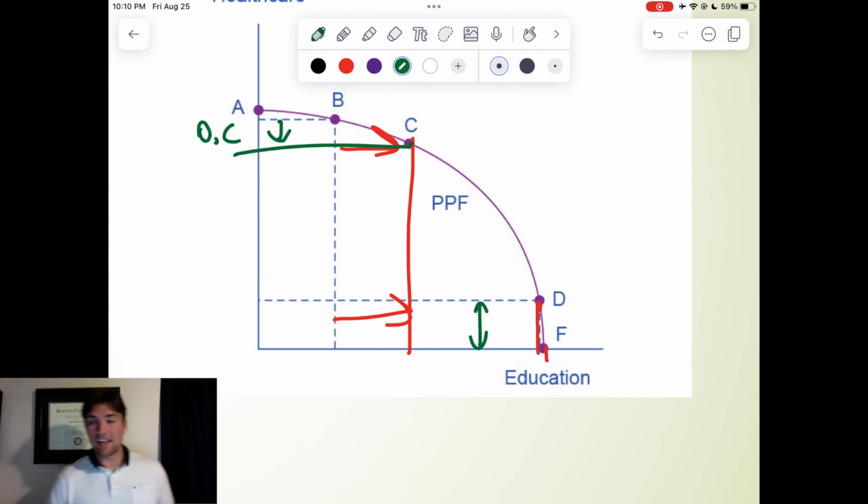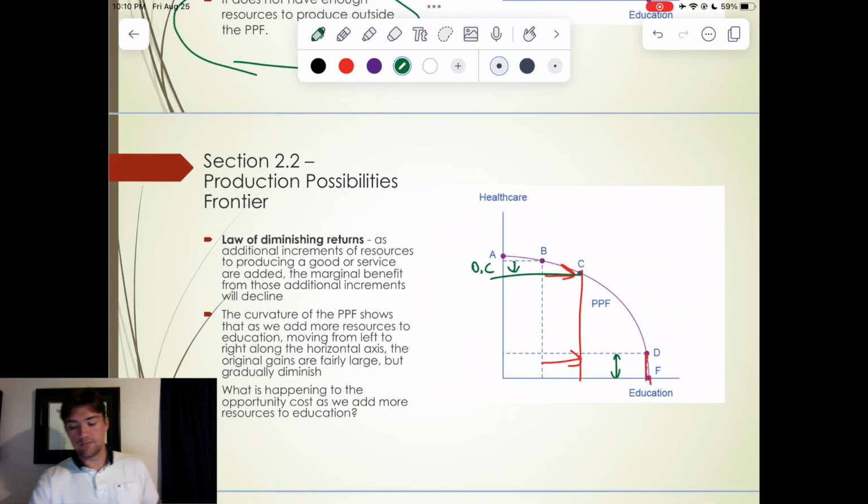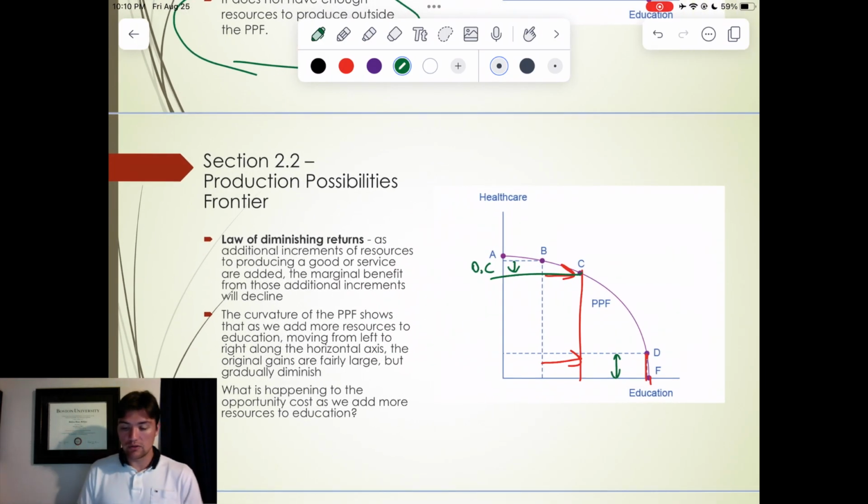So that's where it kind of gets tricky, because we're having a little bit of benefit and the cost is greater. So, we really don't want to do that. But the main thing I really want you to understand is just the law of diminishing returns and what that looks like.